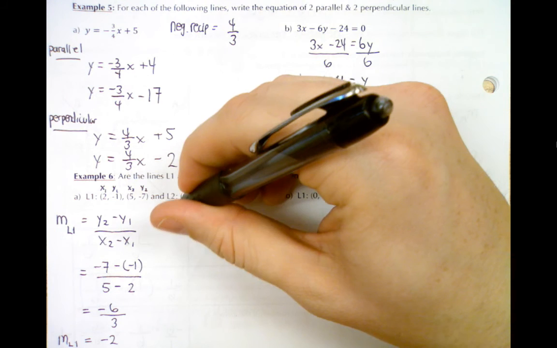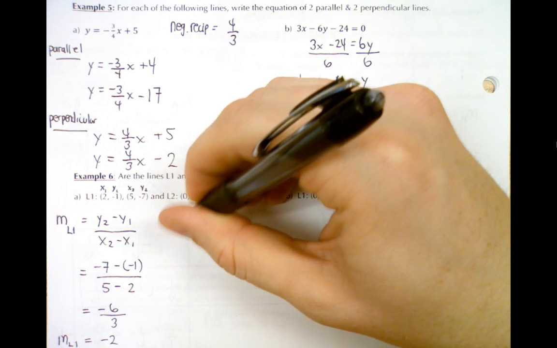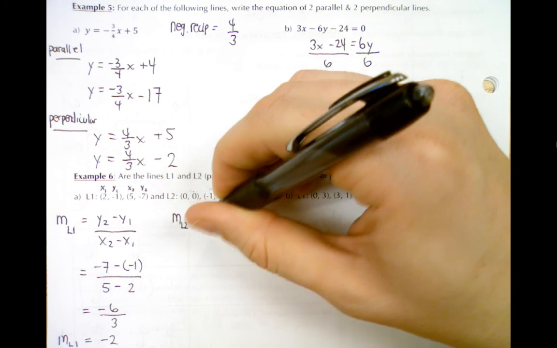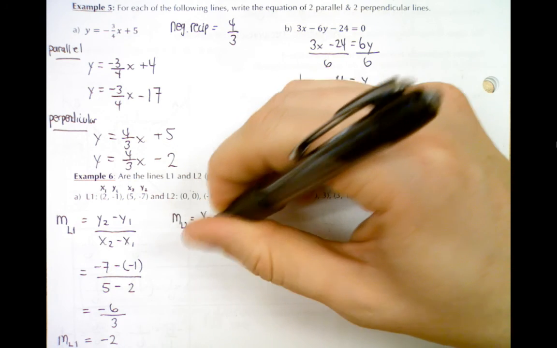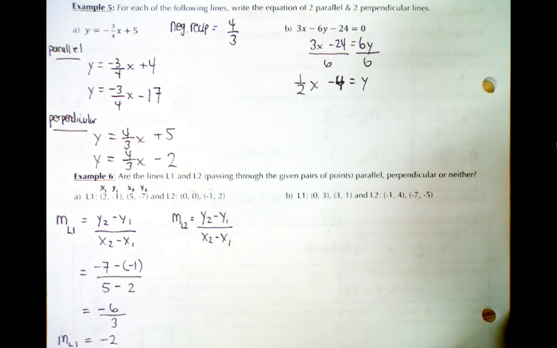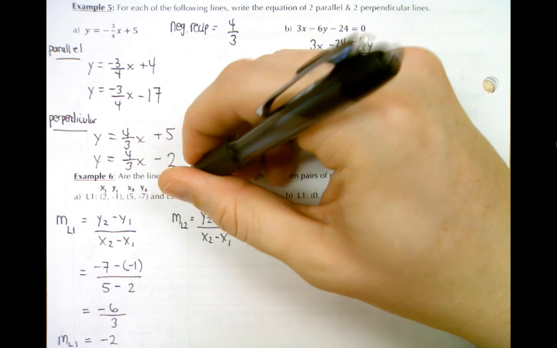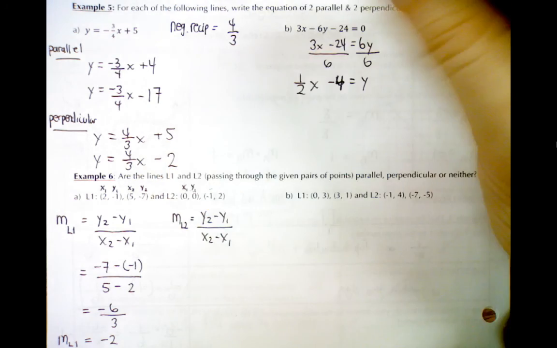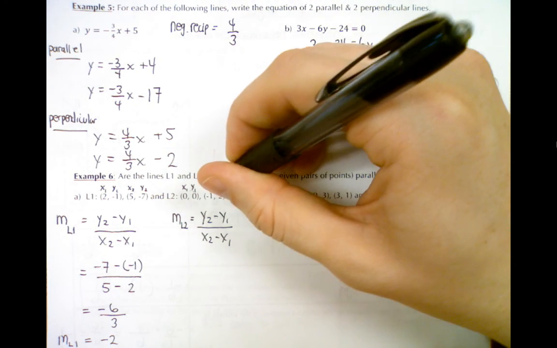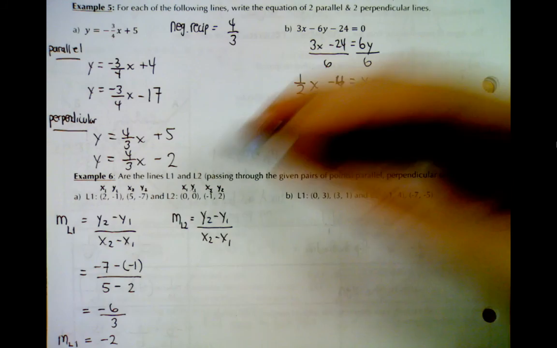To find the slope of line 2, we use the same equation. y2 minus y1 over x2 minus x1. x1 and y1 come from the first point. x2 and y2 come from the second point.